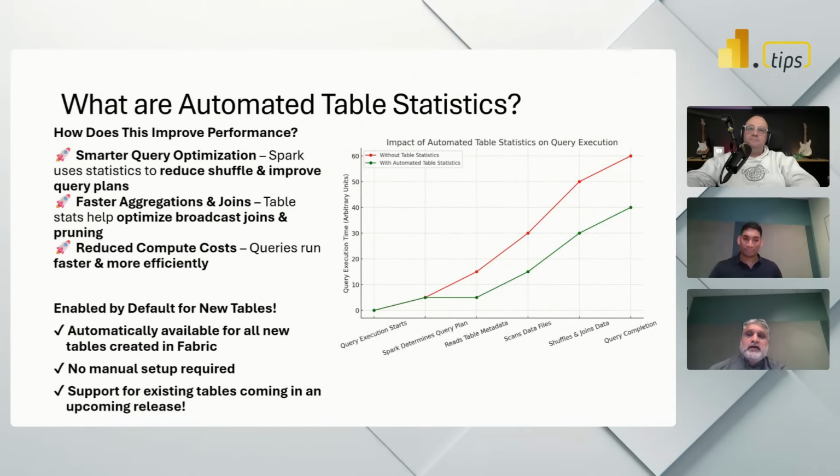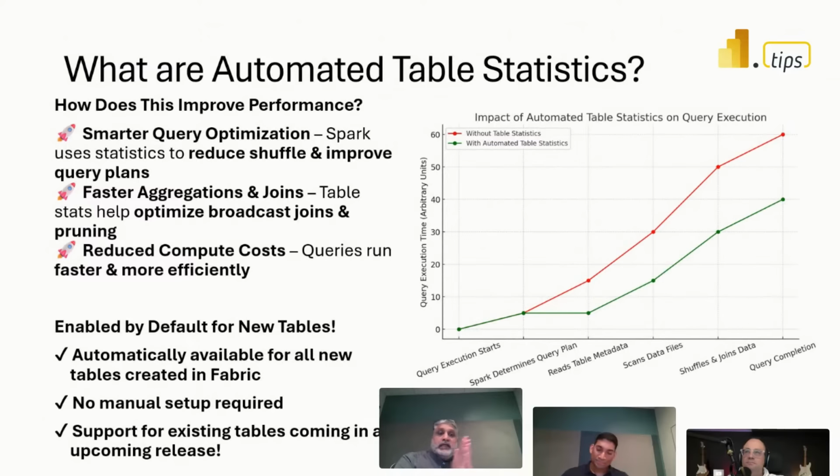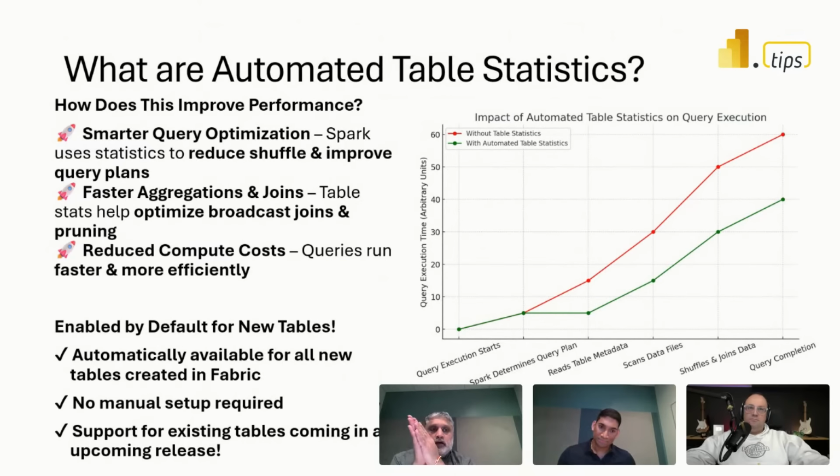I think the important caveat here is if you do writes with Spark, and you create a table with Spark and you continue to update it with Spark in Fabric, then you get the statistics. Because we have the lakehouse, there can be other engines which can be updating this, and so that's a big caveat because we can't control it, like if you're using a third party app and writing into a table and suddenly, hey, where are my statistics?